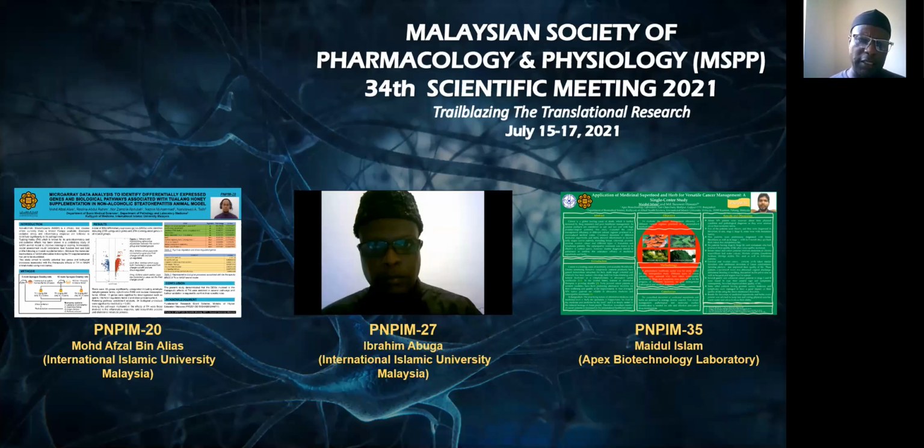So in a nutshell, the plants were selected based on their traditional usage in Malaysia to treat different infections, especially infections that are related to diarrhea.